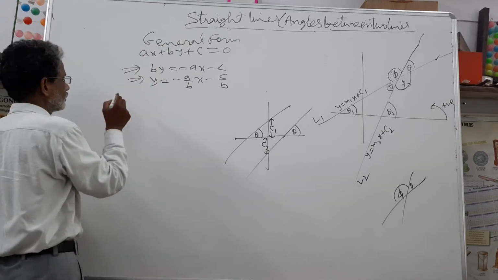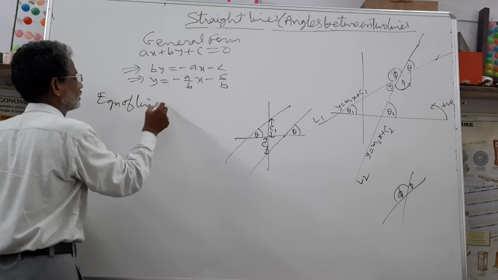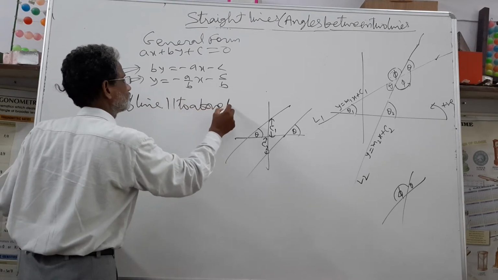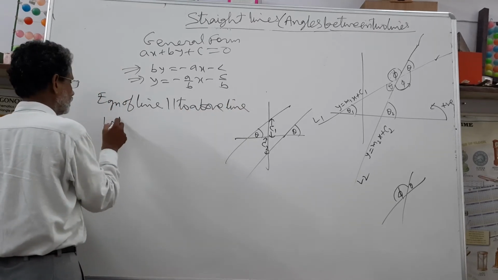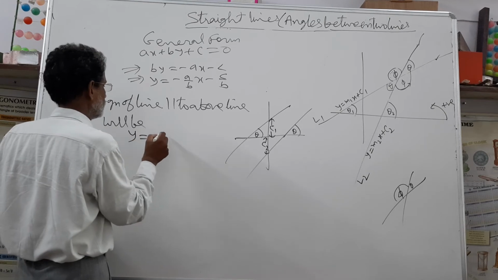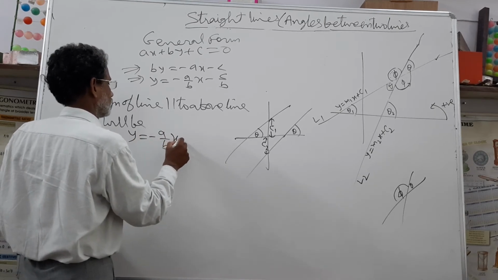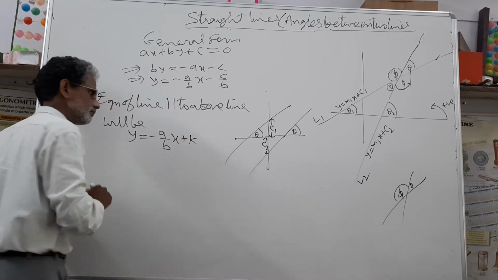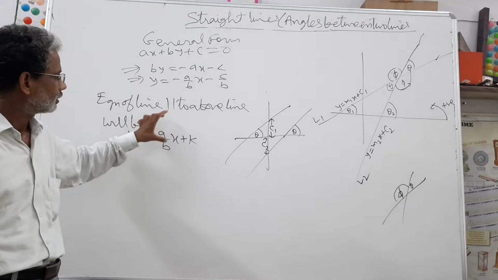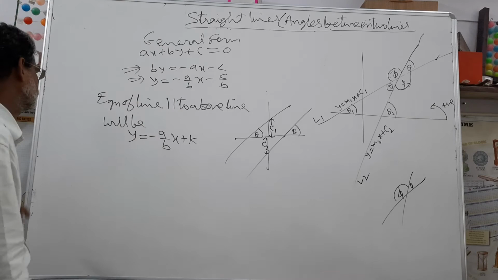So therefore, the equation of a line parallel to the above line will be y is equal to minus a by b x plus k. M will be the same, c changes; the constant term will change.